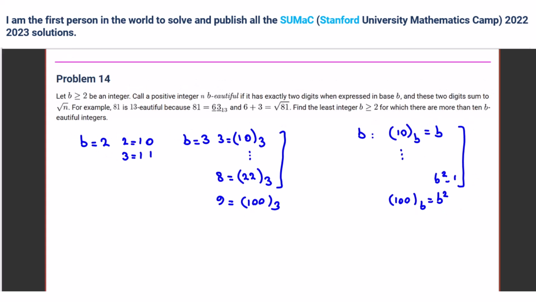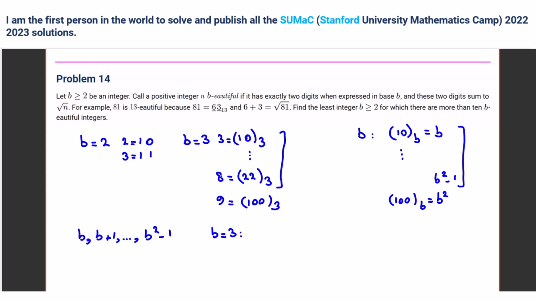From b to b squared minus 1, if you write them in base b, in how many of them is the sum of the digits the square root of n? So if we want to consider b equals 3, we need to only consider which numbers? The numbers that are perfect squares.